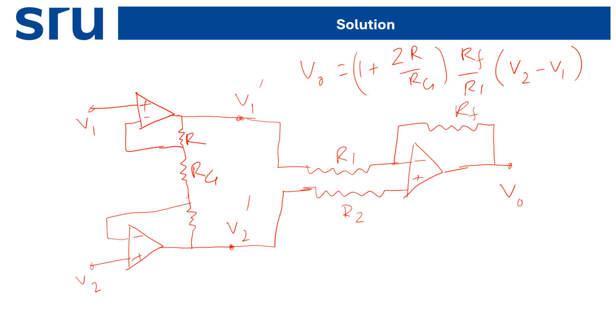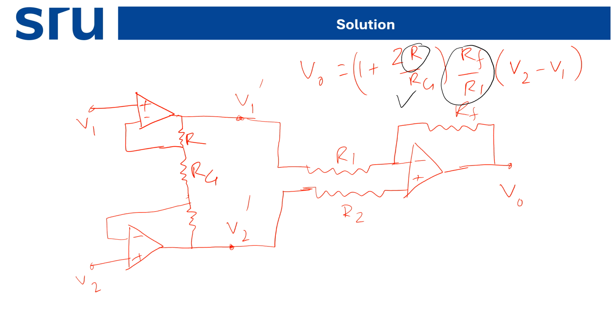The values of R and Rf by R1 are given, and we need to calculate Rg, whereas the gain is given. That means we have the V out and the V in, in this case the V difference.